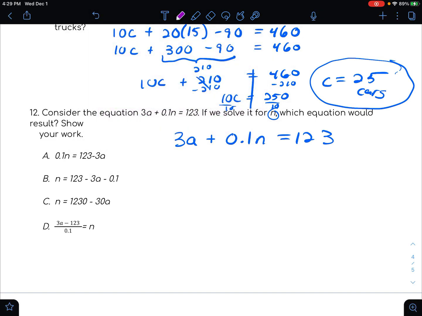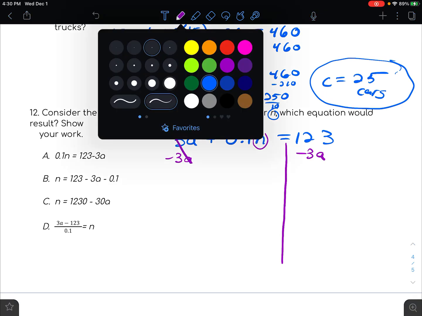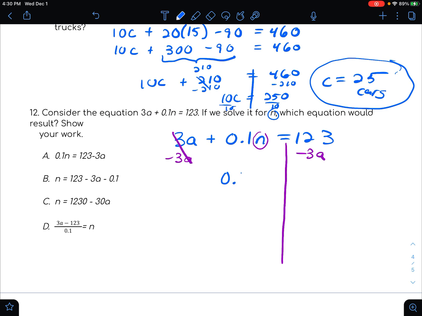All right, so let's just kind of circle n here. We're going to get n by itself. So let's start off by moving that 3a over to the other side of the equation. That's a positive 3a, so we will subtract it over to the right side of the equation. So we get 0.1n is equal to 123 minus 3a.